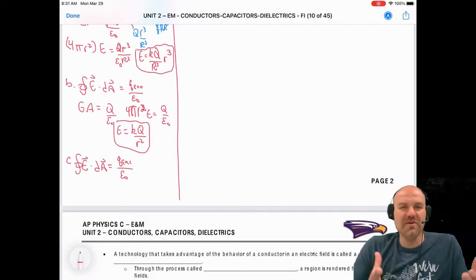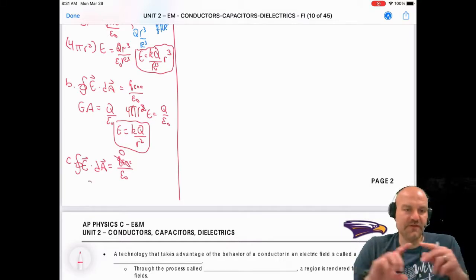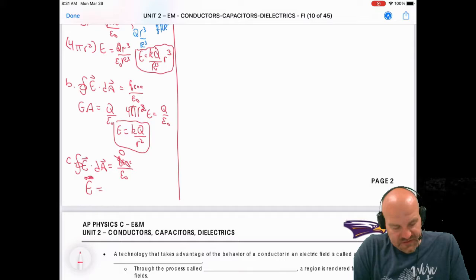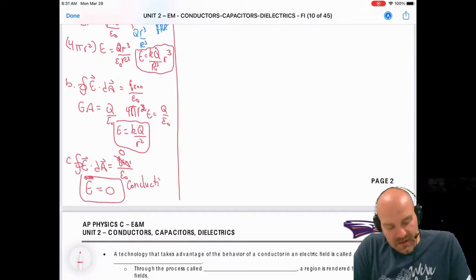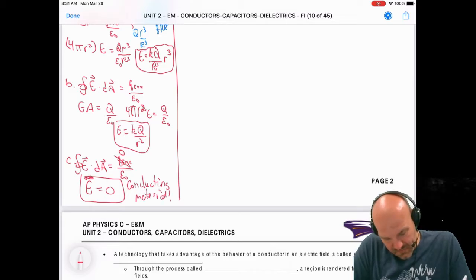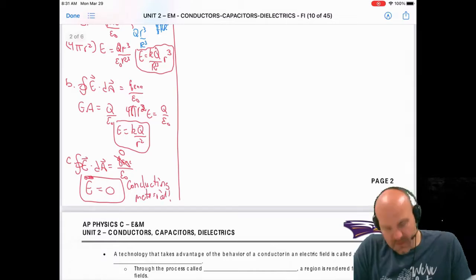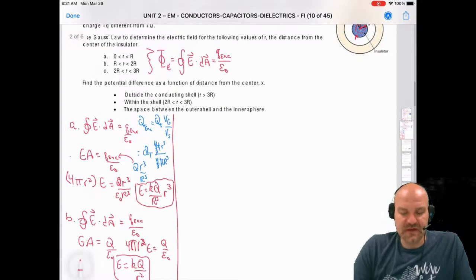The Q enclosed, if it's inside, is zero, so there's no charge inside because remember, all the charge sits on the surface. And if this is zero, that makes my electric field zero. Again, conducting material, that's why the E field is zero inside.